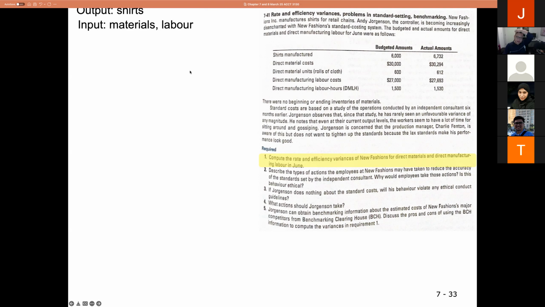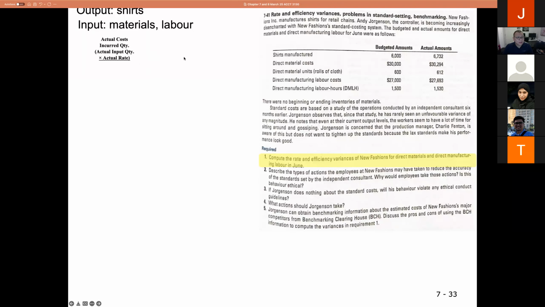Okay, so now I want to ask you, what's the actual price for the material? So you have to be able to find the information you need, right? In this table, what is the price for the material? Actual. 30,294. Yes, very good.